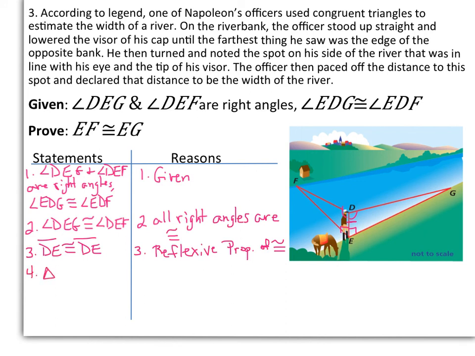So triangle DEF is congruent to triangle DEG because of angle, side, angle, and therefore all of their corresponding parts are congruent. So that means side EF is congruent to side EG by CPCTC. And that concludes this lesson.